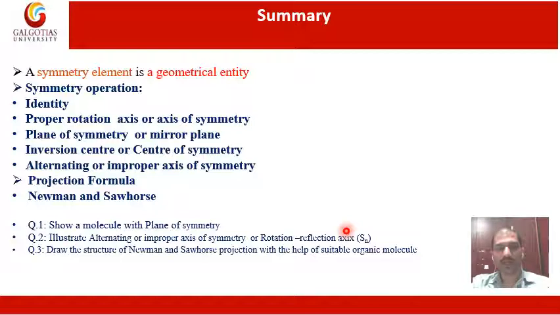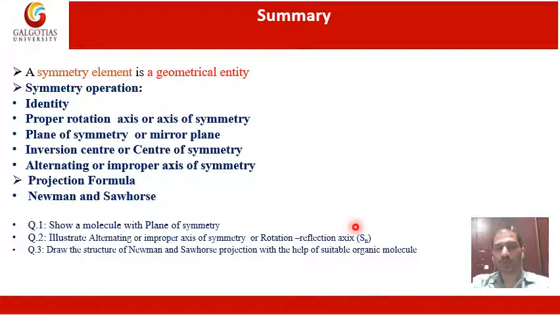In symmetry operations, the molecule is changed from its specific arrangement with respect to its central axis. If it is rotating, like in the case of C2, a molecule having a C2 axis of symmetry means the atoms rotate from their original place by 180 degrees, that is, 360 divided by 2.